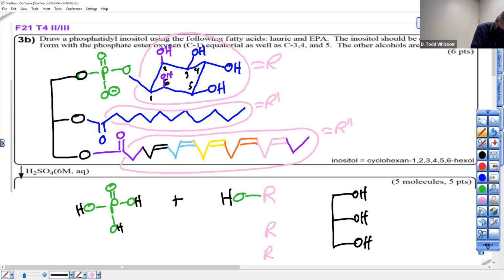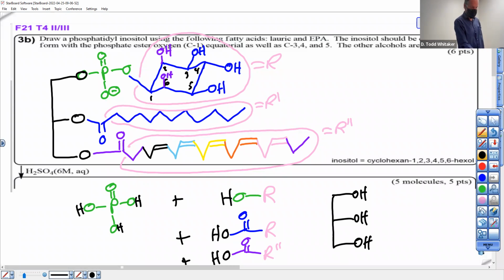R prime, R double prime goes to a blue carbonyl with an O that now has an H. And R double prime, purple carbonyl, black O. Actually, the black O is not black. Doesn't matter. There we go. 5 molecules. 1, 2, 3, 4, 5. Done.